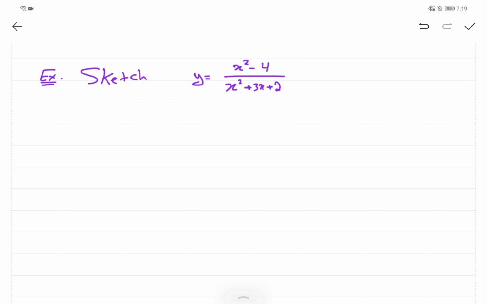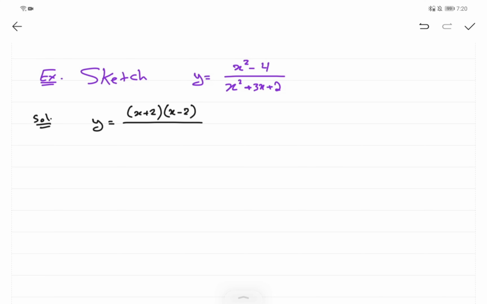Okay guys, let's solve this example. We need to sketch y equals x squared minus 4 over x squared plus 3x plus 2. Now, the first step we need to do is to factorize the numerator and the denominator. So the numerator will be x plus 2 multiplied by x minus 2.